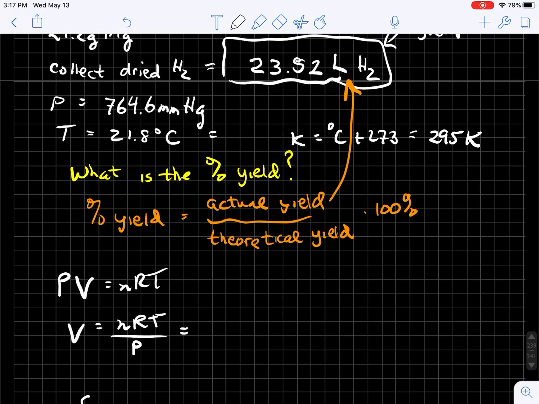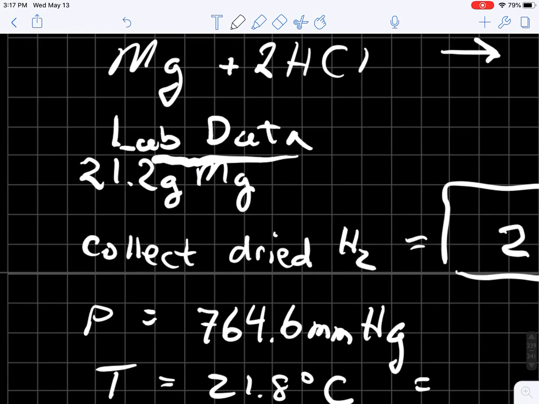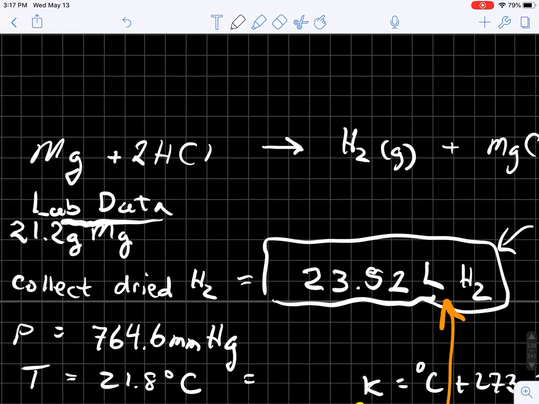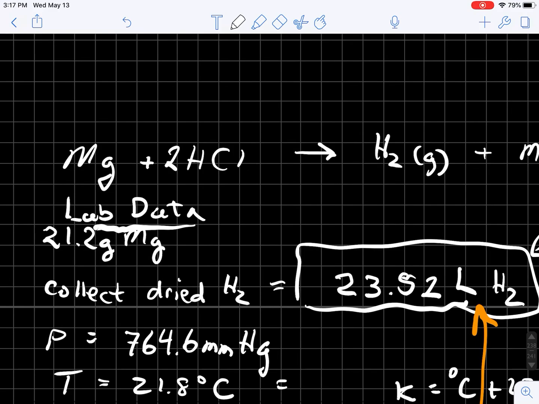So how many moles of the hydrogen are we dealing with? Okay, well, we don't know that. But what we do know is that we started with 21.2 grams of magnesium, and that according to the balanced equation, for every 1 mole of magnesium, we produce 1 mole of hydrogen. So I'm going to make that conversion. 21.2 grams magnesium.